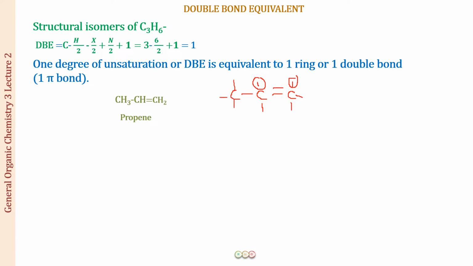I will be removing 2 hydrogens and substituting them by a bond. So minus 2 hydrogens and plus 1 bond. This is what we are doing when we are making a propene from a propane.